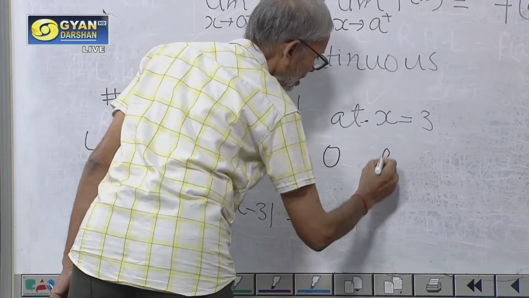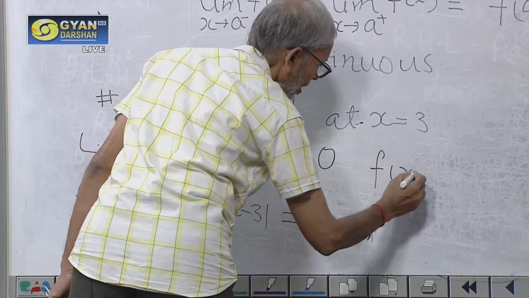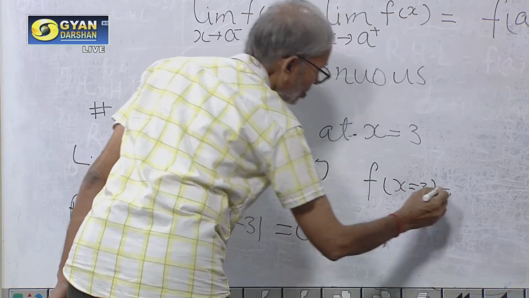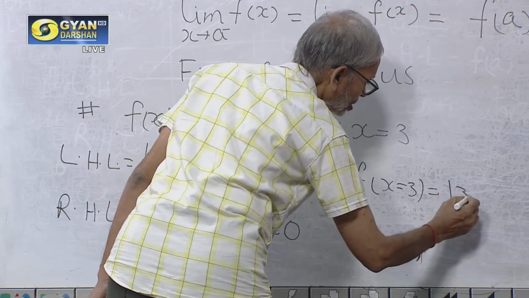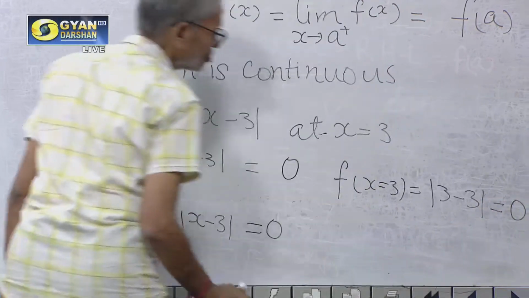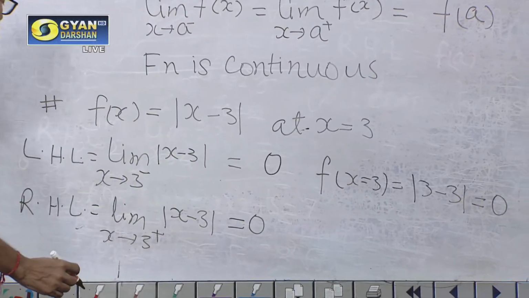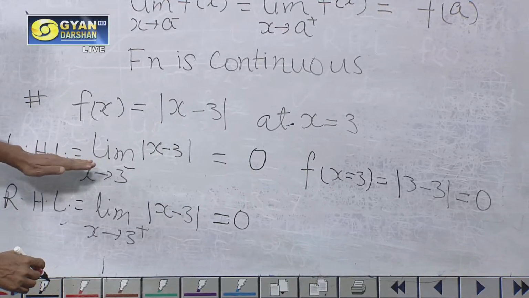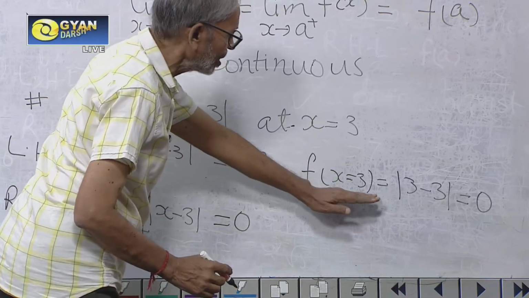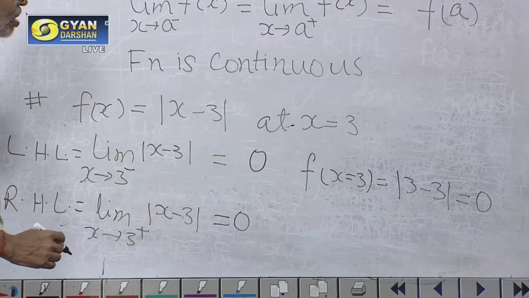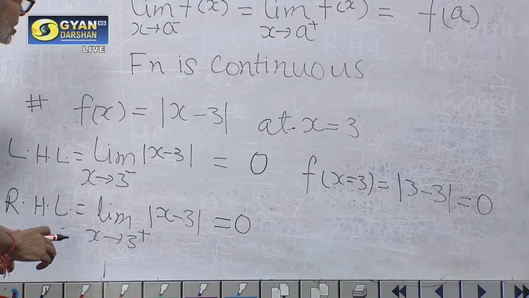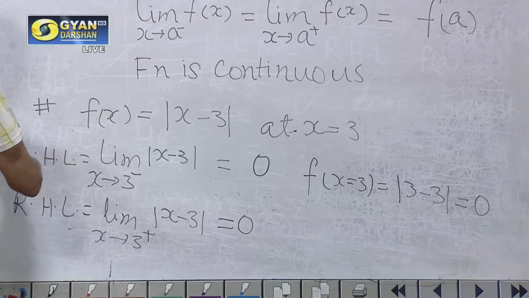And if we take f of 3, it will be equal to mod 3 minus 3, which will be equal to 0. So, you can see that left hand limit, right hand limit and the value of f at 3, all three have the same value, that is 0. So, this is a continuous function.